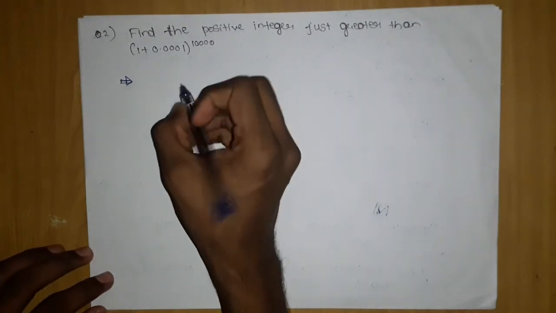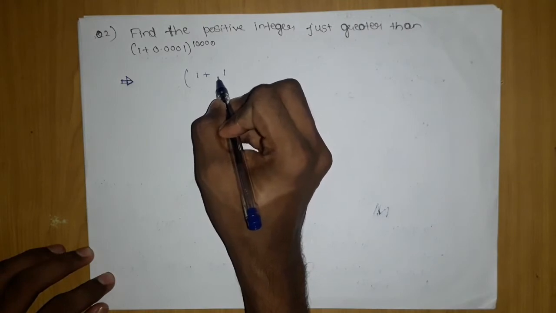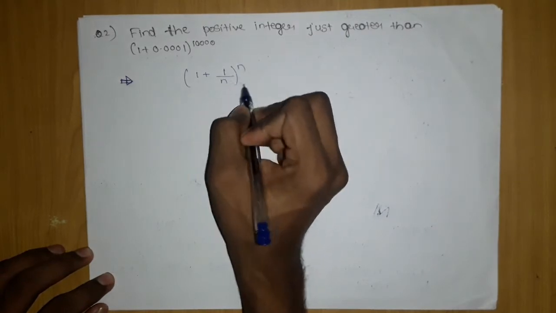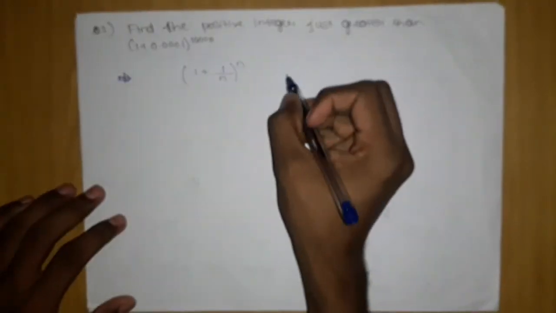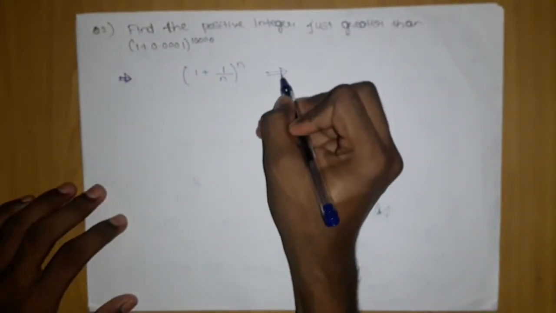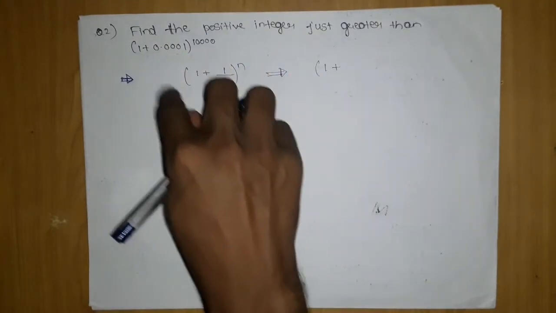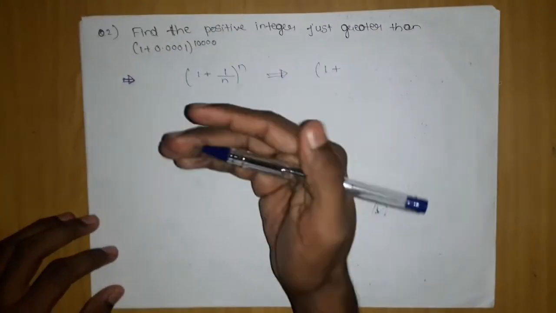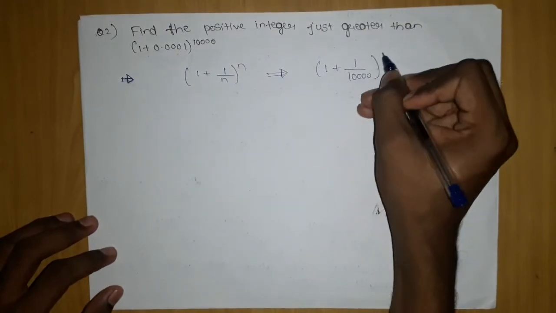So our perspective in this case is, what was our form? 1 plus 1 by n, whole power n. Here they both should be the same. Are they the same? No. Here they have hidden it like this. When you remove the decimal points, you will get 1 by this thing again.